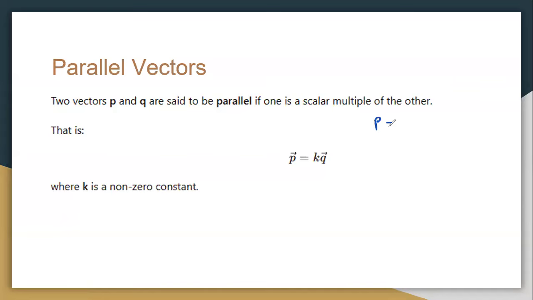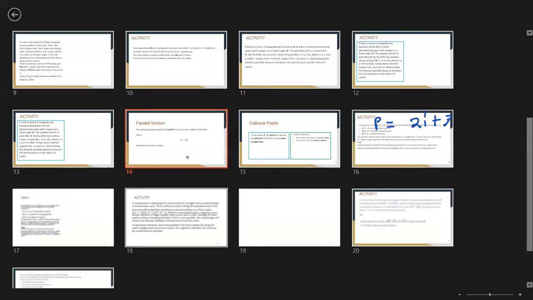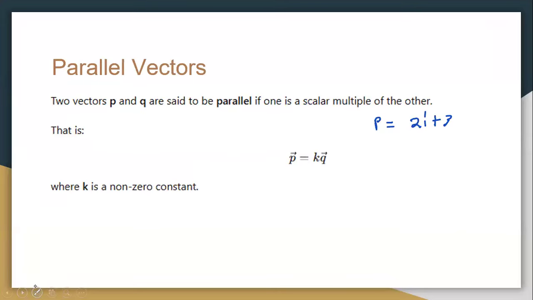In case I have my vector P as 2i plus 3j plus 3k, and I have my vector Q as 6i plus 9j plus 9k.